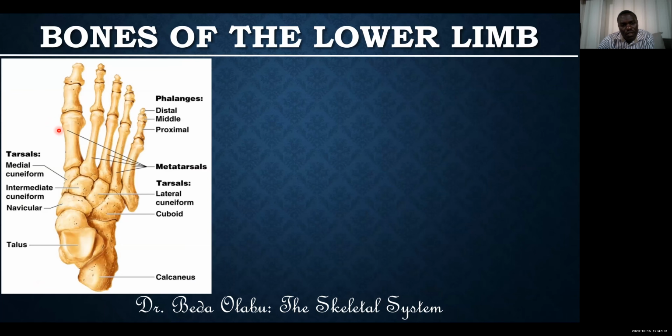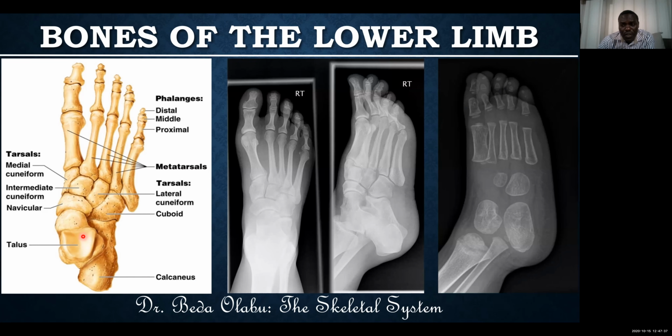Bones of the foot. We have 3 categories of bones. We have tarsal bones, metatarsals, and phalanges. Starting with the tarsal bones, there are a total of 7 tarsal bones. Two of them are very big.